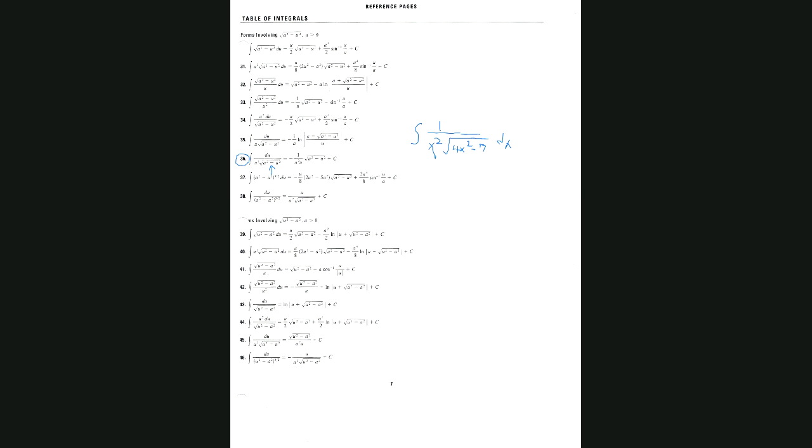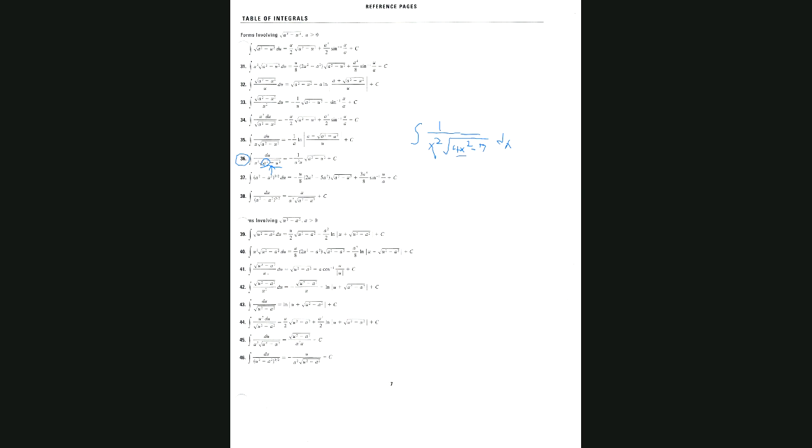In formula 36 under the square root, you have a squared minus u squared. That's right, Snega. A and u are in a different place. So a is a constant. This a squared is a number. So you have a number minus a variable squared. But in our integral, we have a variable squared.